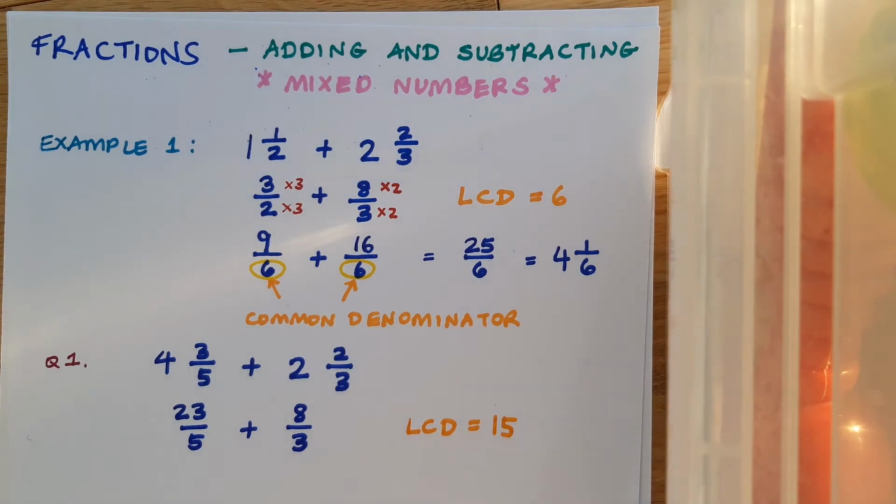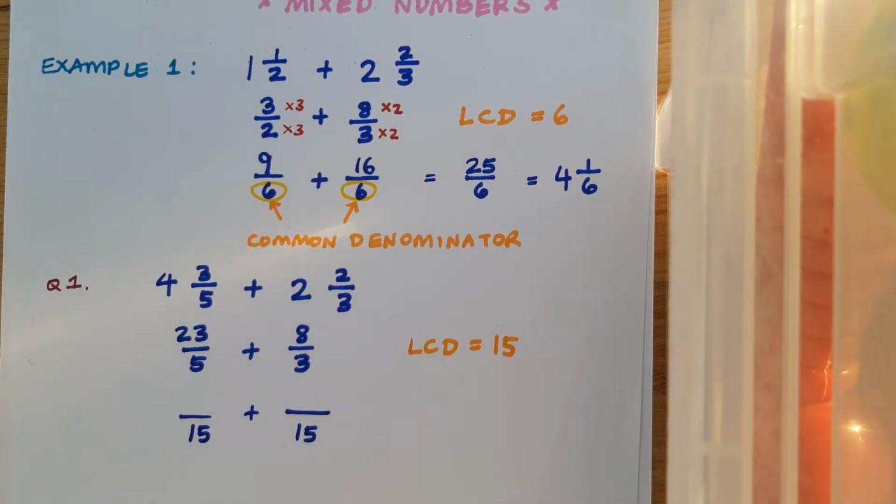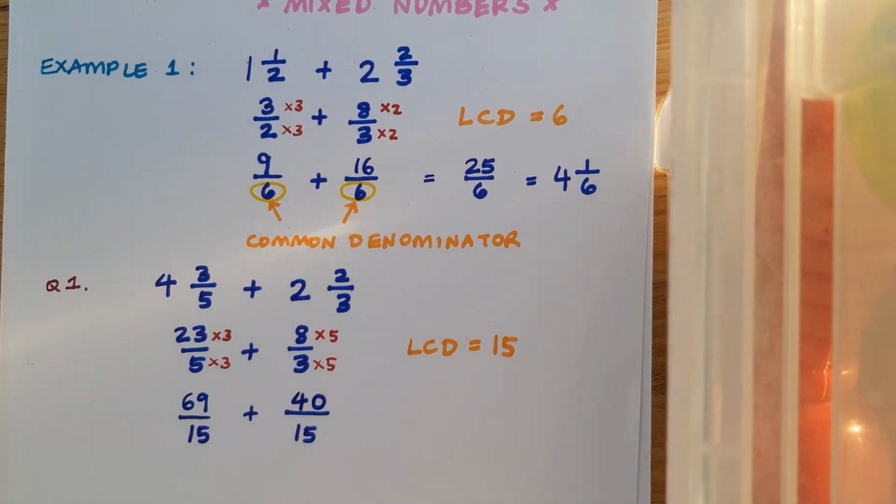That's 15, because that's the smallest thing that 5 and 3 will both go into. We write our two fractions down as something over 15, and then we check and see what we need to multiply by. In the first fraction, 5 got times by 3, so 23 also gets times by 3. That gives 69. And in the second fraction, 3 got times by 5 to make the 15, so 8 must also get times by 5, and that gives us 40.